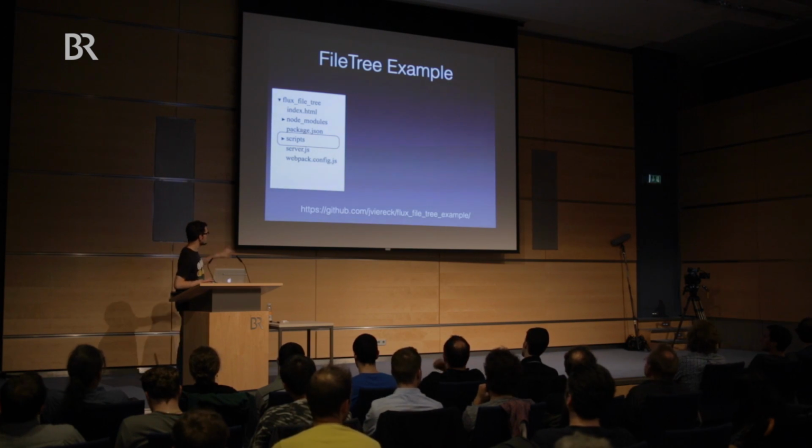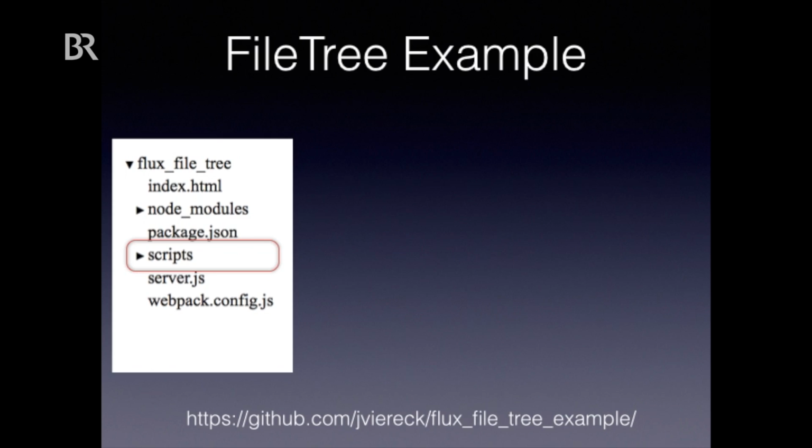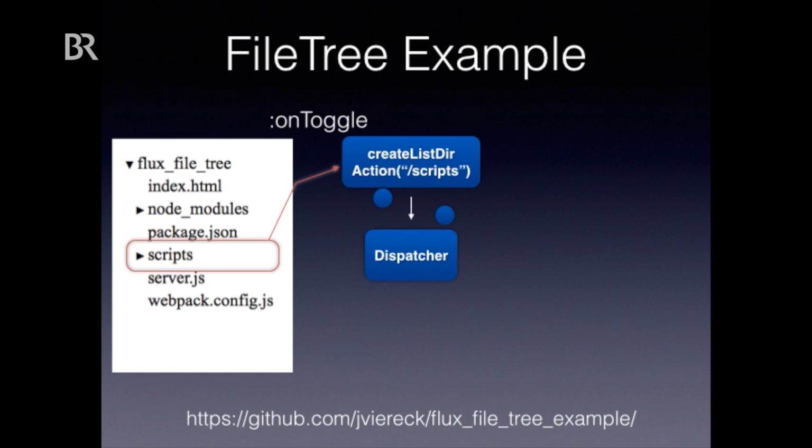In this case, if we click on this link, what happens is we detect there's an on-toggle event. We call this action creator, in this case create listdir action. Listdir is the Unix command for show me what files are in there. It would create a few actions, like the first for the begin, and then when the payload arrives.